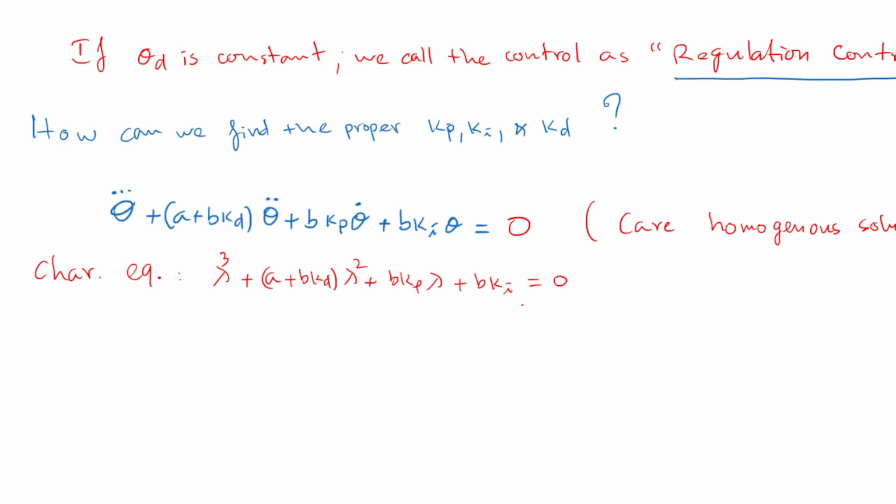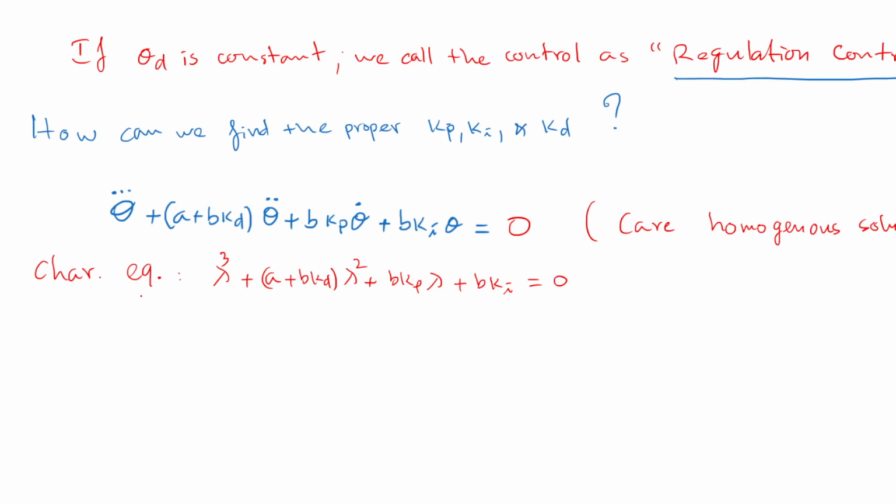So far you have analyzed before that if you have a second order characteristic equation, then you have a standardized form. But now you have third order. So what can you do with third order? For the homogeneous solution, if lambda is negative and has a large magnitude, then the homogeneous term dies out very fast.